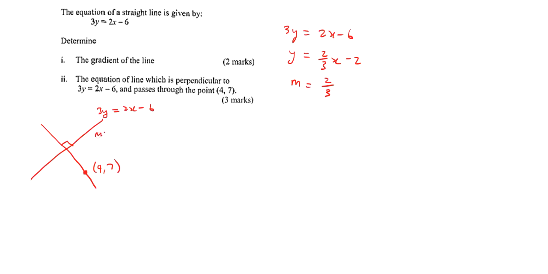So we know m for this one is 2/3. Therefore, m for the perpendicular line will be minus 3/2, because we know that for perpendicular lines, when you multiply the gradients, you should get minus 1.